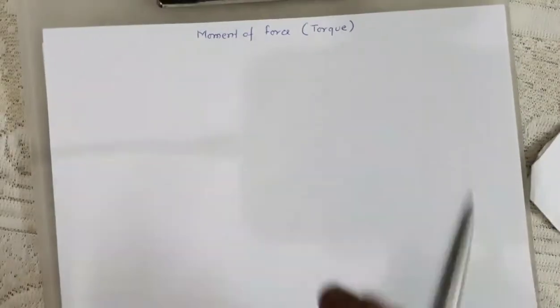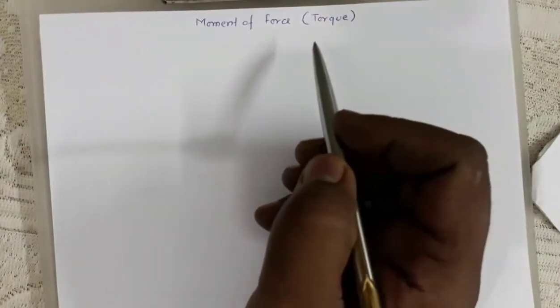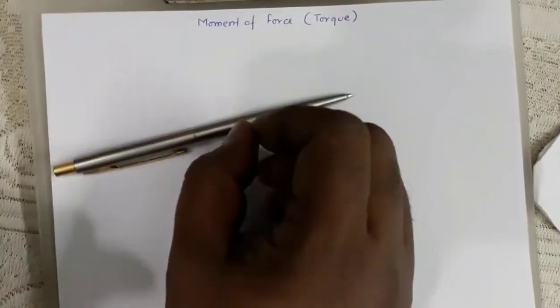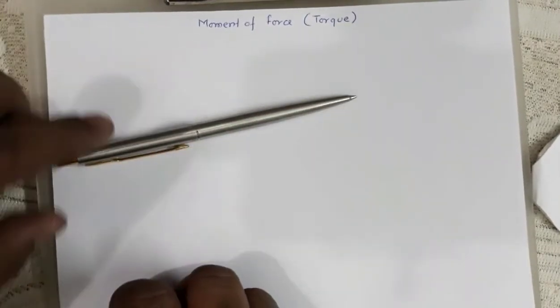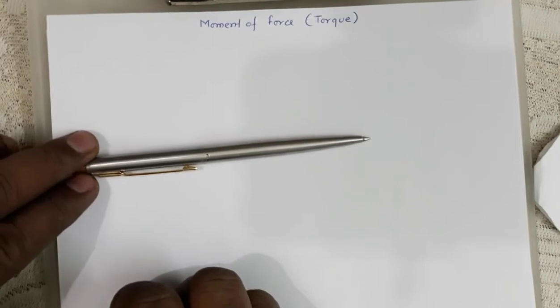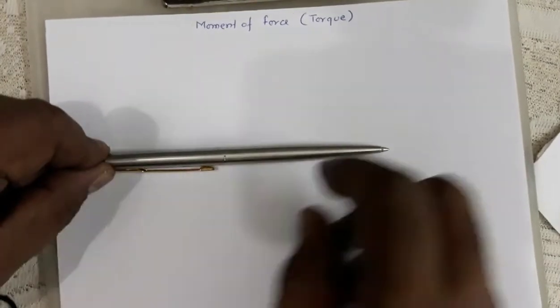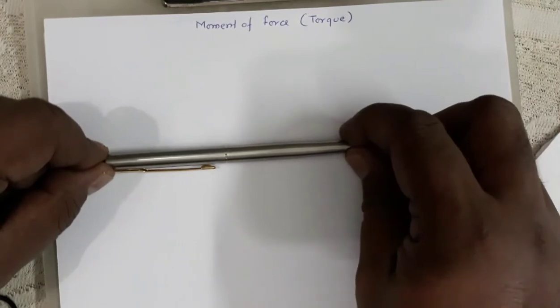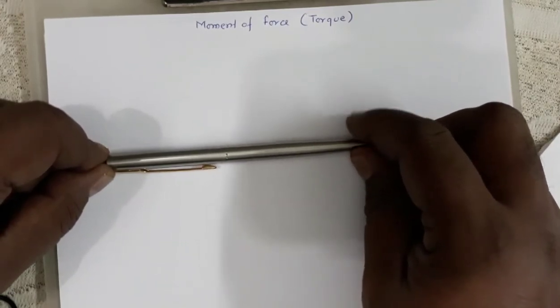Next topic of discussion is moment of force or torque. Basically, suppose this is a rod and it is fixed at this particular point. Now, if I pull this part, it won't move.